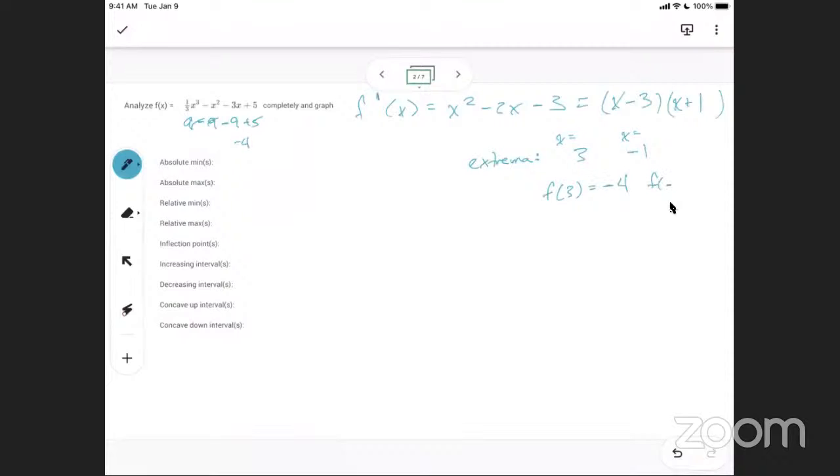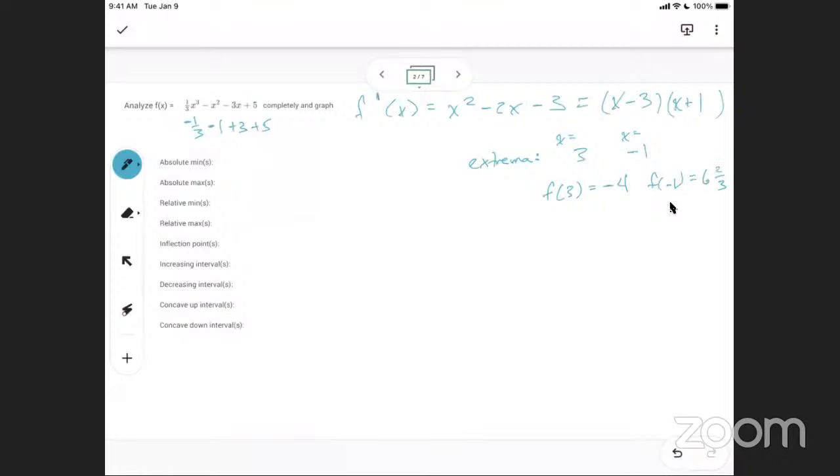And f of -1, if I plug that in, I'll just do the work over here. That's -1/3 minus 1 plus 3 plus 5. So that's 8, that's 7, that's 6 2/3.